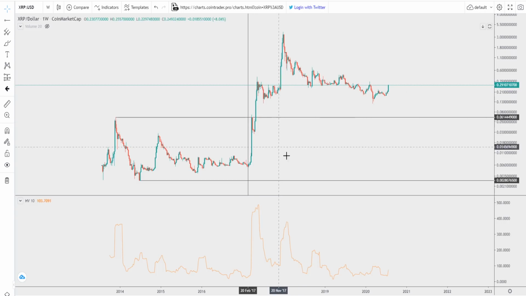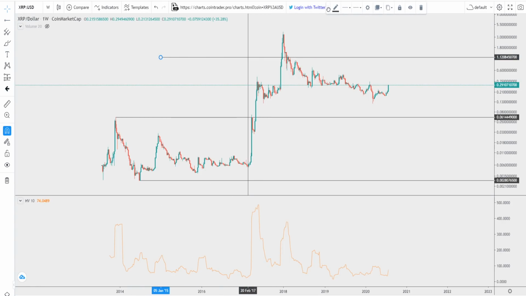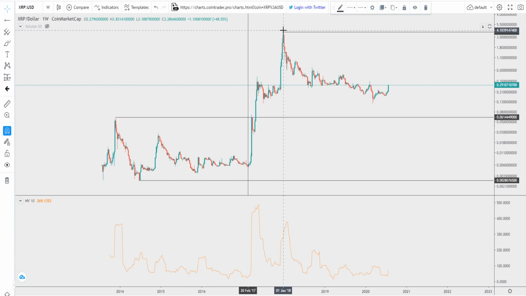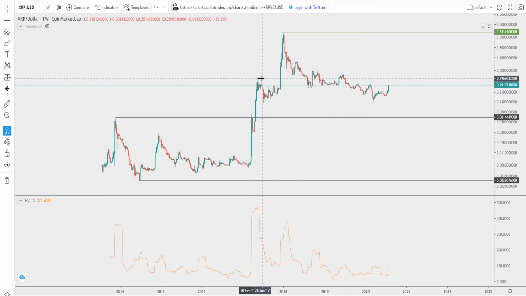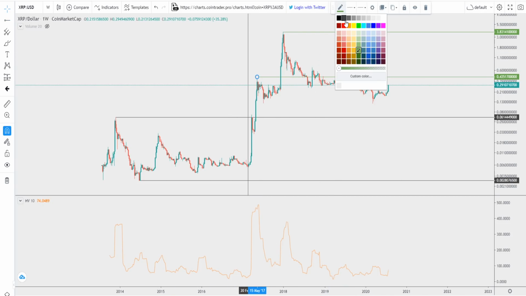Now let's highlight the previous one and the all-time high. First we are going for the all-time high. Here we are going to use the green, and for the top of volatility we are going to use the black, following the same methodology.